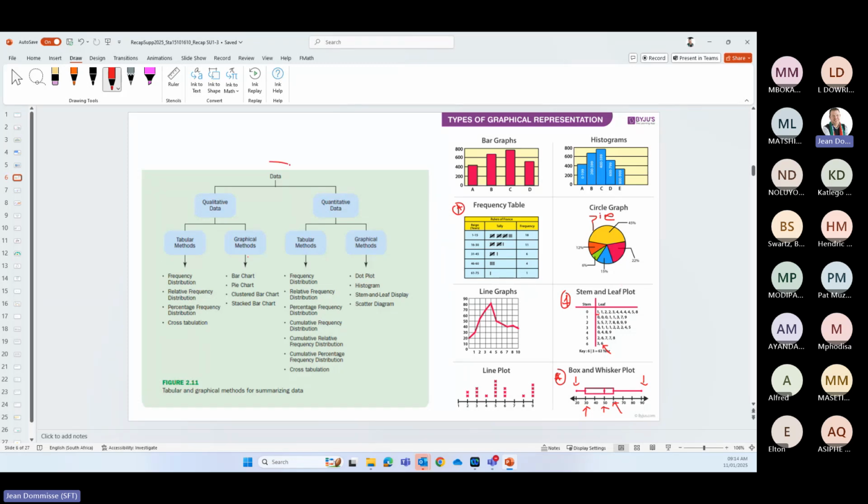What I've added for you in this presentation, and I will share this right after our session this morning with the recording, so don't worry, is that sometimes they ask you, what is the best method to visually show qualitative data?